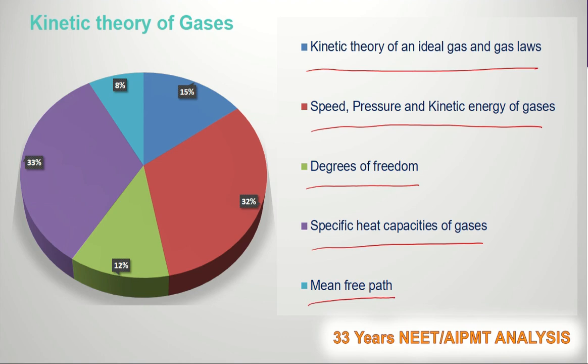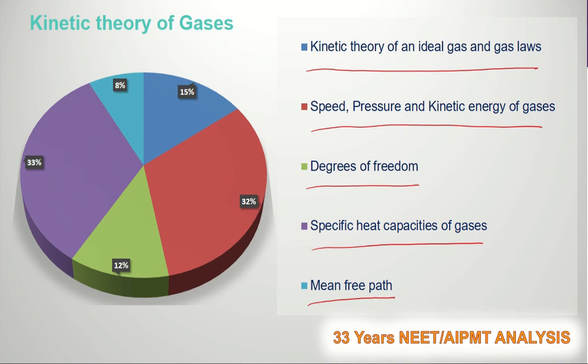Out of all these 5 subdivisions, about 15% of questions were coming from kinetic theory of ideal gas and gas laws, about 32% from speed, pressure, and kinetic energy of gases, 12% from degrees of freedom, 33% from specific heat capacities of gases, and 8% from mean free path.